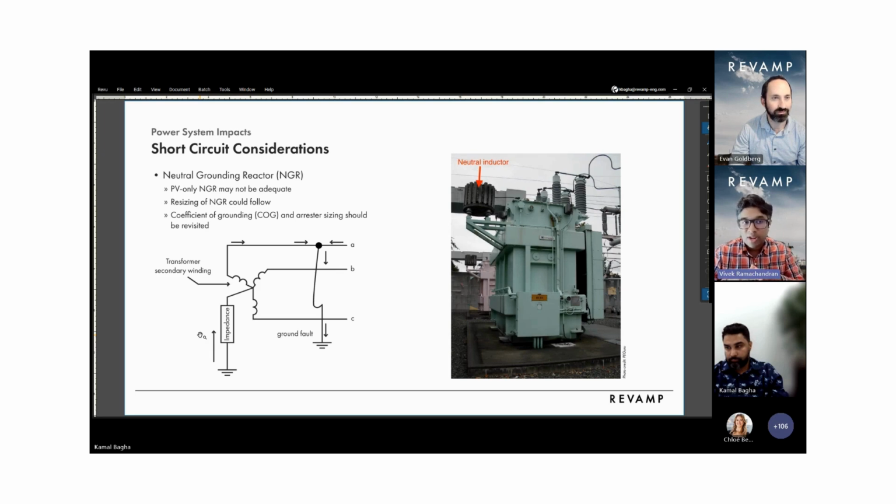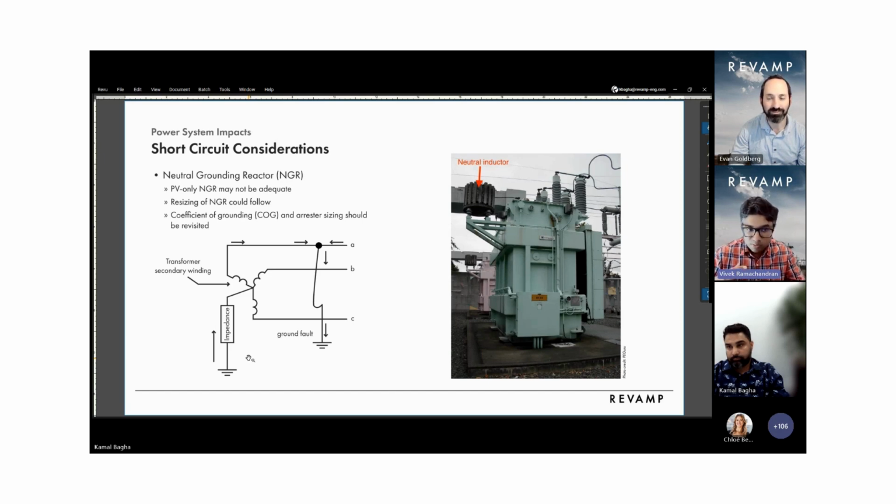Going into the neutral grounding reactor, the neutral grounding reactor essentially is a reactor that sits between the neutral of a Y winding for the transformer and the ground. And it helps limit the ground fault currents for the system. In all likelihood, when the NGR sizing was done, given we are talking about pre-existing PV systems, it was essentially the PV system limitations that were taken into account.